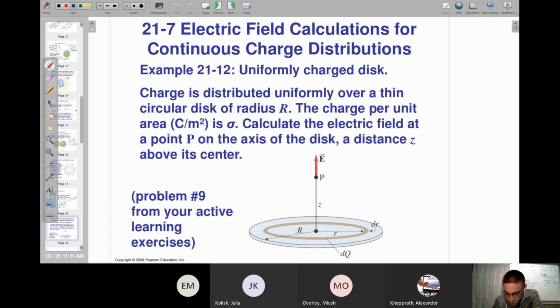And I had said, well, when you're really, really close to a plane of charge here, if you're at point P here, the distance z is really, really, really small compared to capital R, the radius of the disk, then it's almost like being close to an infinite plane, right?